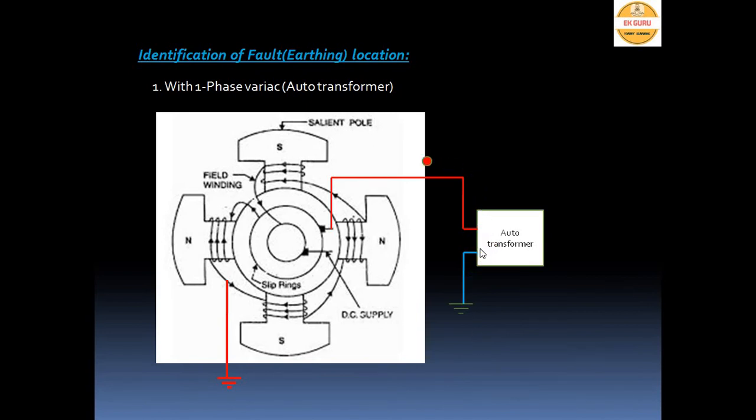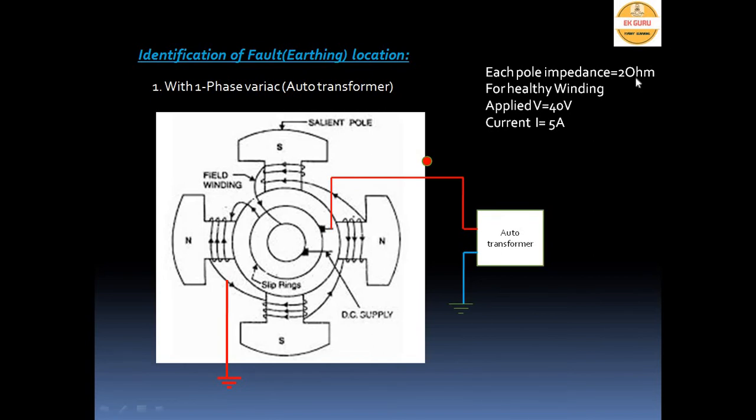Since the neutral of the auto transformer is earthed, there is a closed path. In this path only pole 1 is included; the other three poles are not included. Here I am considering each pole impedance is 2 ohms.